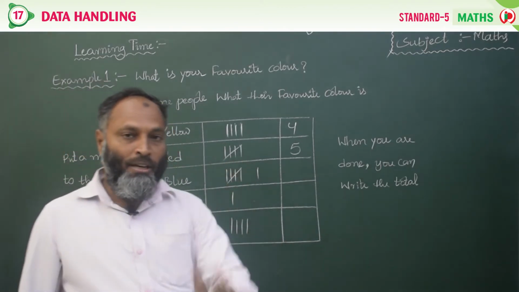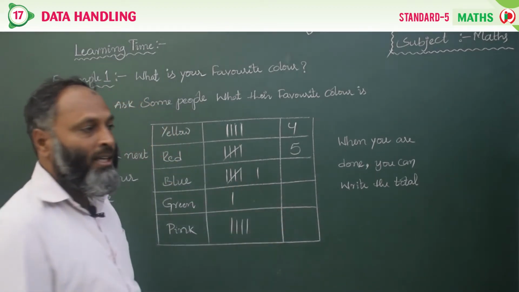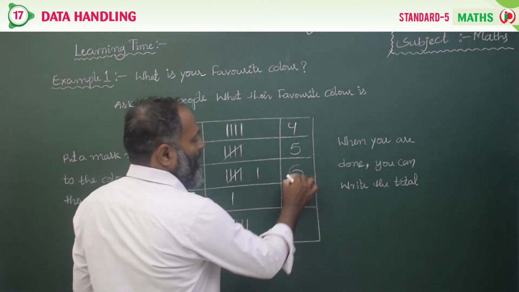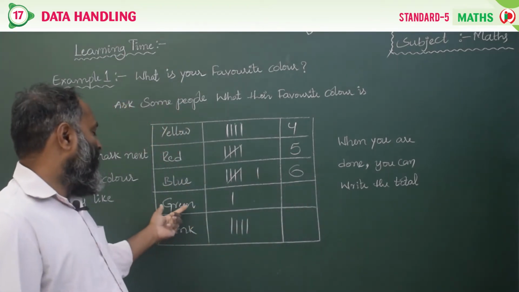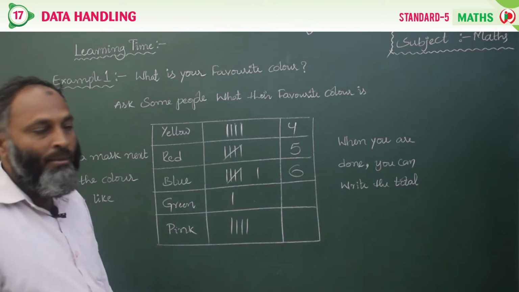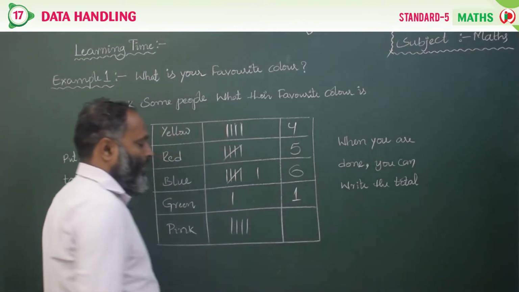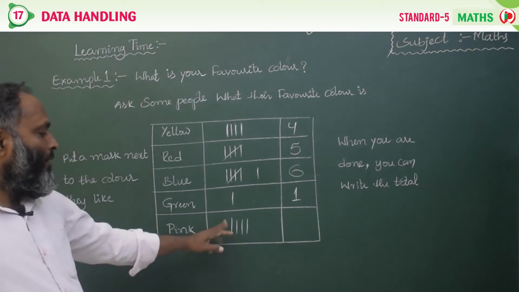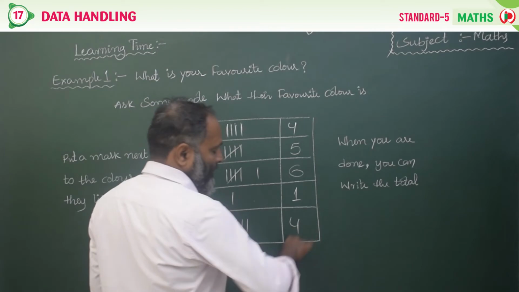One group is completed, which means 5 lines, and this is one more line, total 6 lines, which means 6 people like blue. And green, only one vertical line, means only one person likes green. And in pink, 4 vertical lines are there, so 4 people like pink.